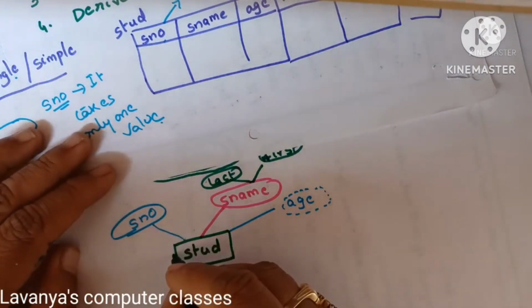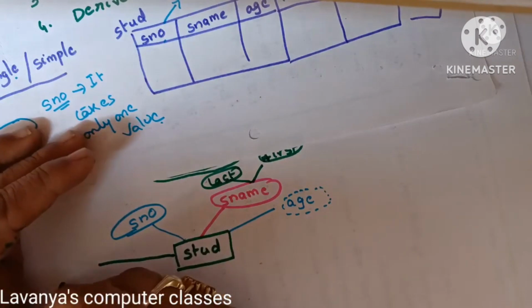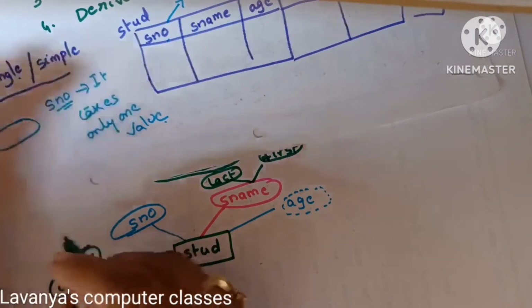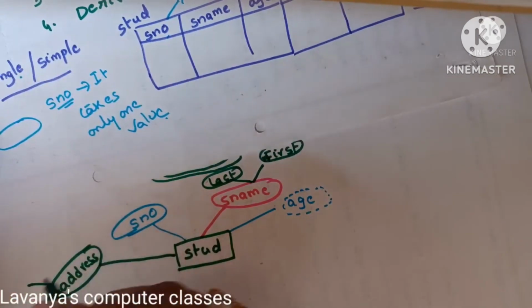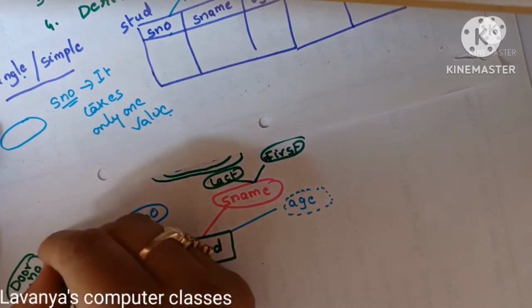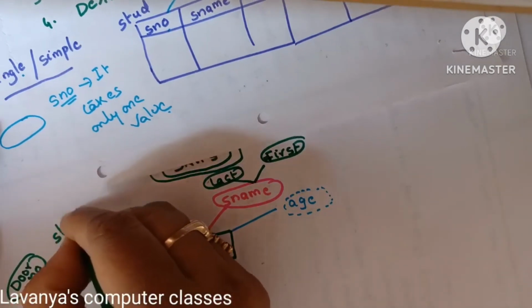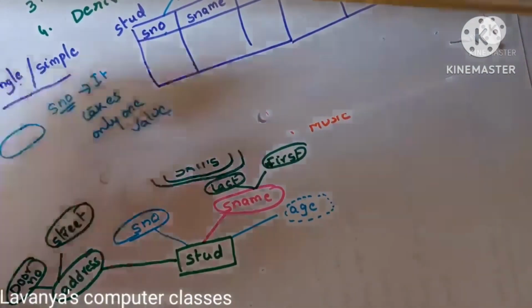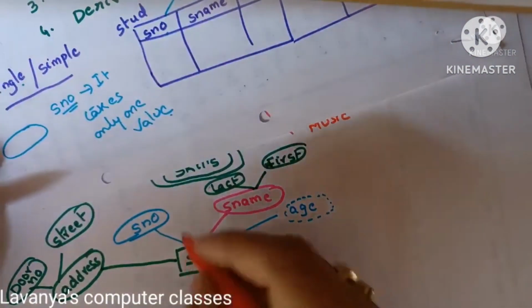Next attribute is address. Address is also a composite attribute because it is possible to divide it into many parts like door number, street, city, etc. And next one is skills.